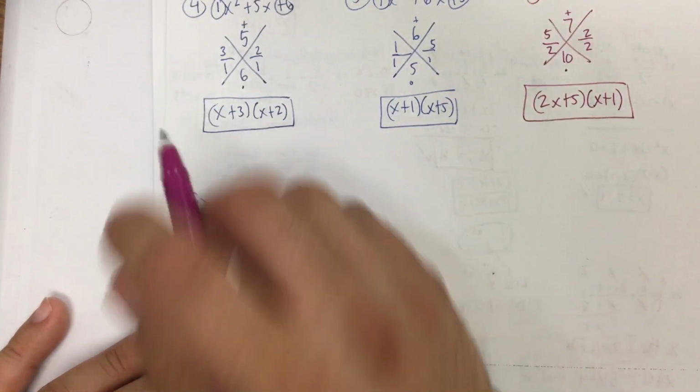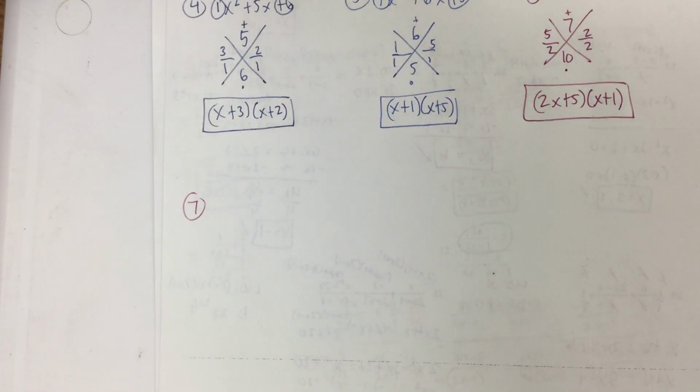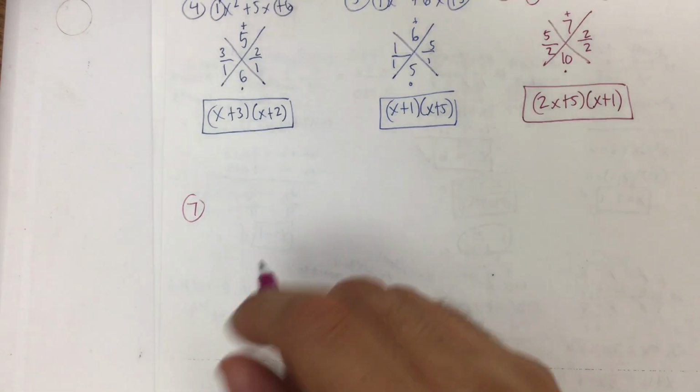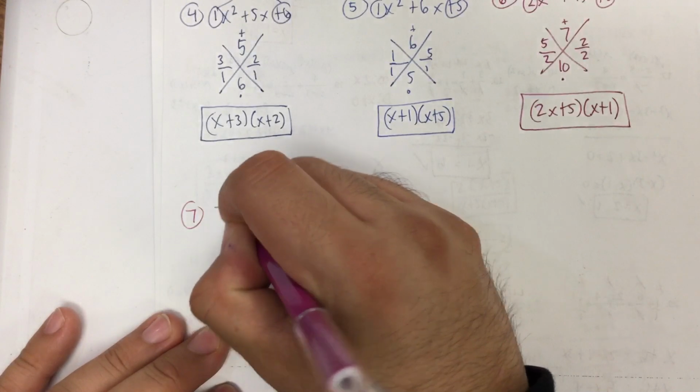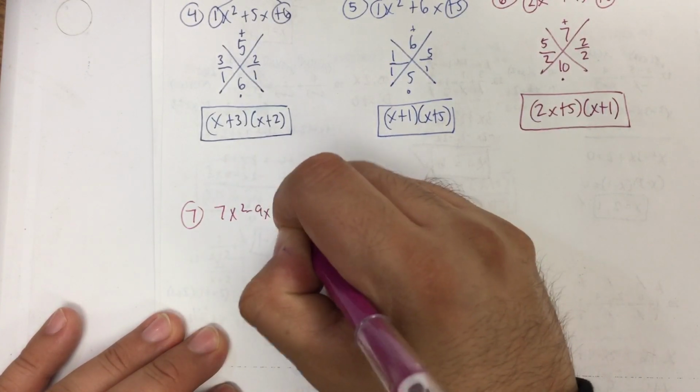Let's go with another one. Number 7 here. We have 7x squared minus 9x plus 2.